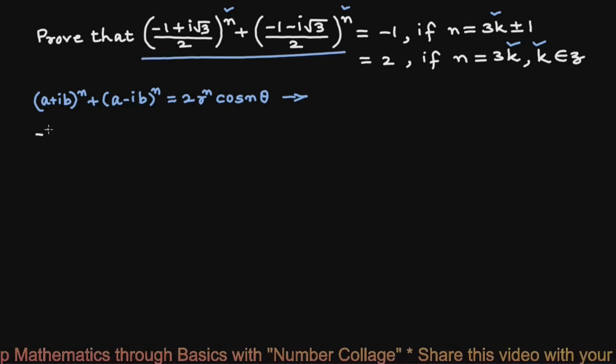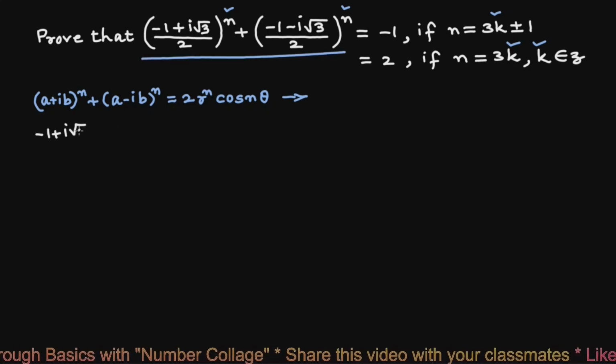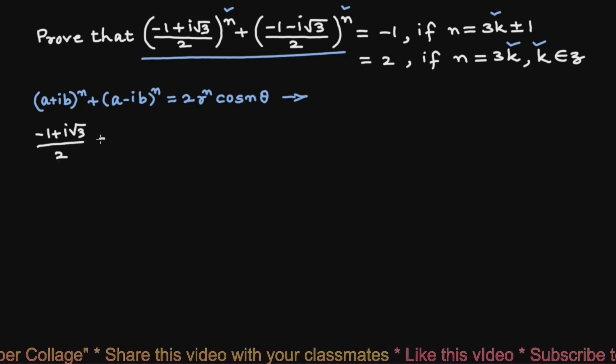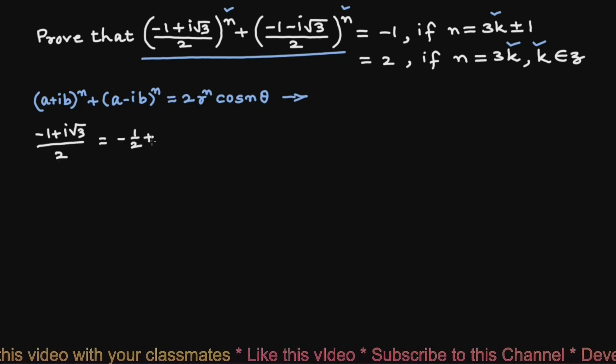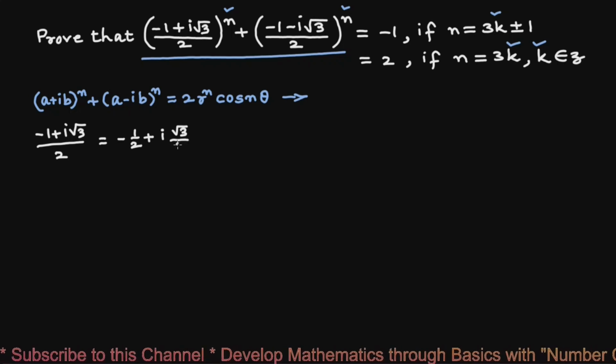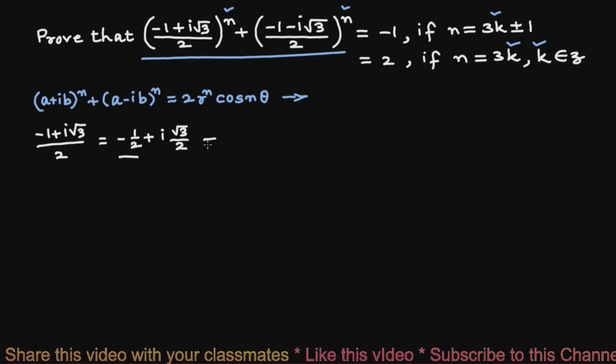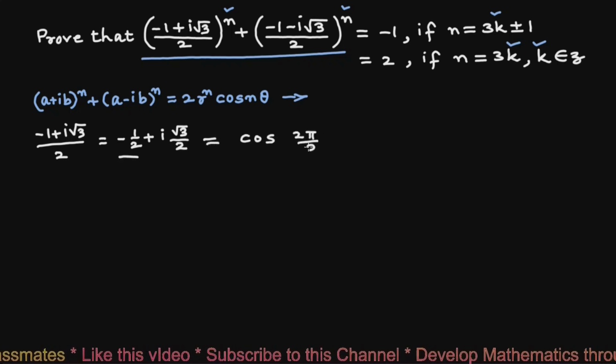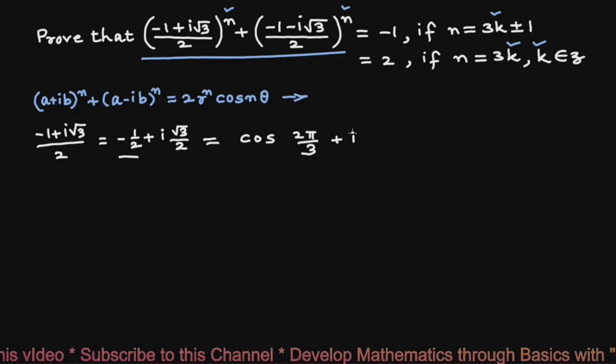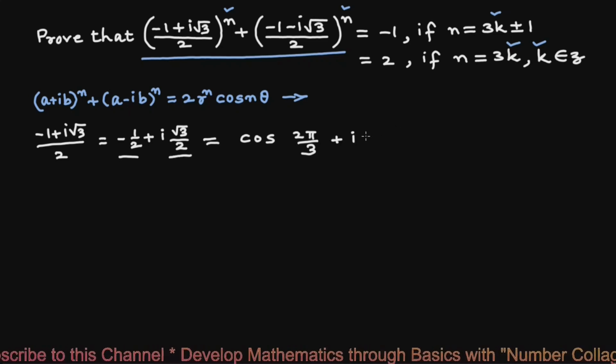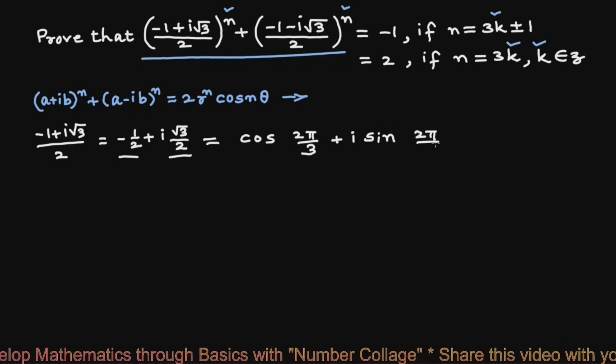We have (minus 1 plus i root 3) by 2 equals minus half plus i root 3 by 2. For minus half, we write cos of 2 pi by 3, plus i. For root 3 by 2, we write sine of 2 pi by 3.